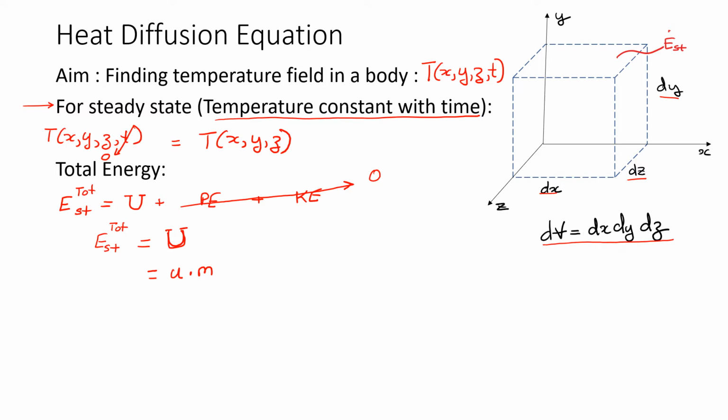So mass can be written as rho, which is the density of the control volume, times V. And in our scenario, the volume is dV, and dV can be written as dx times dy times dz.